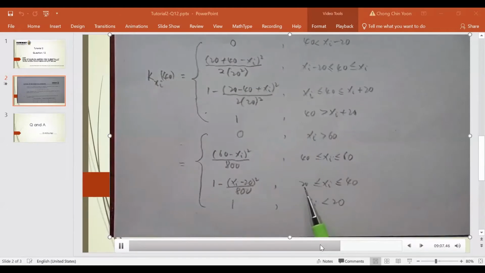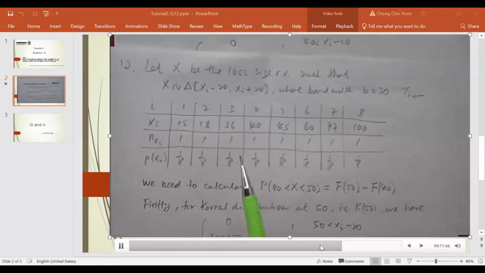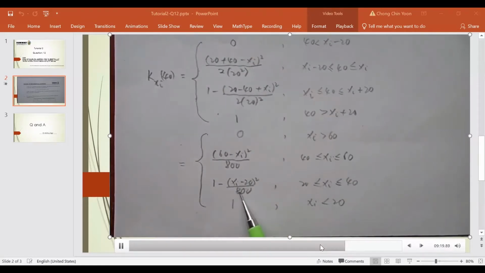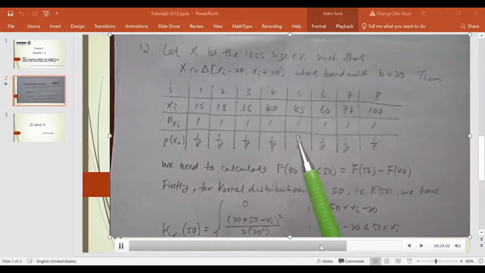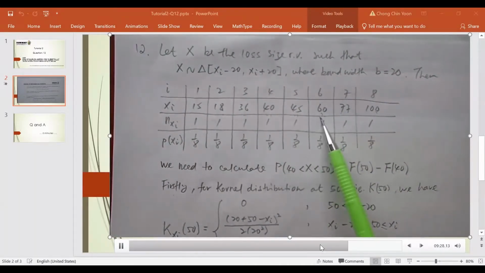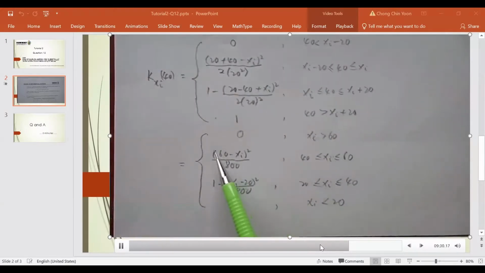And for this interval 20 to 40, we have 2 data again, that falls on this. And for this interval 40 to 60, we have 2 data again, that falls on this result.